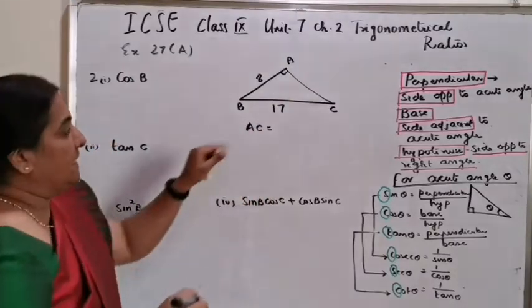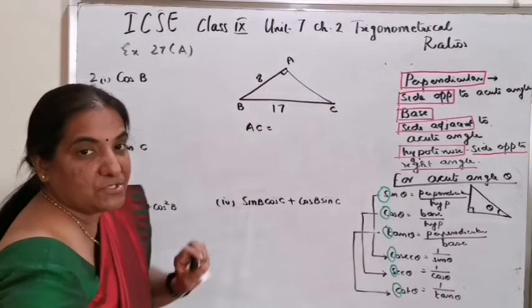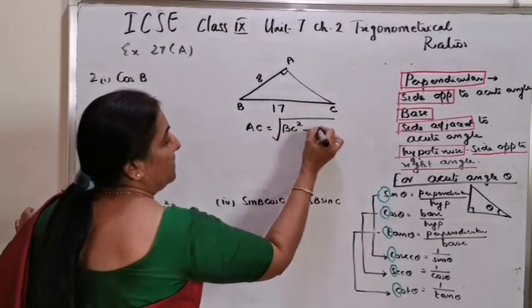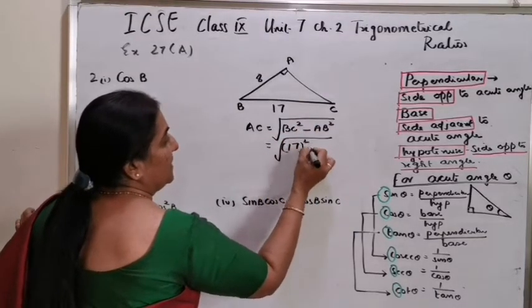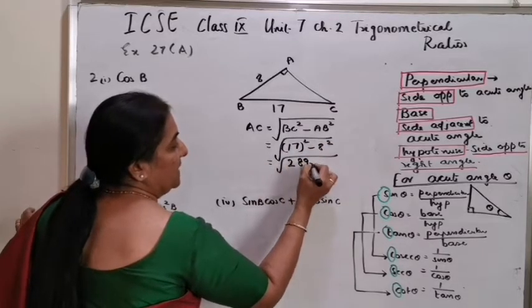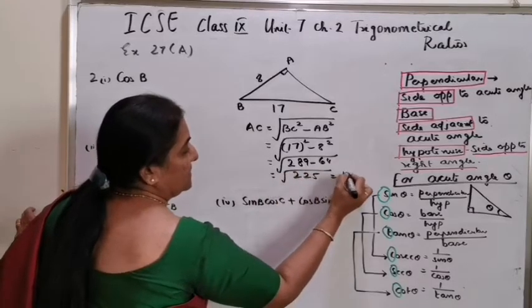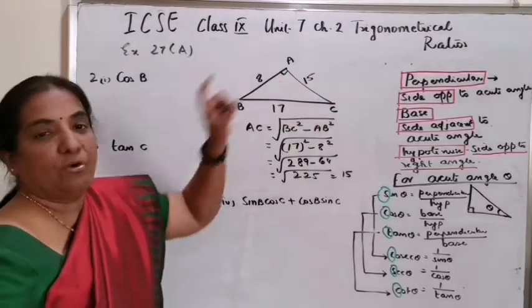By Pythagoras theorem, BC square is equal to AB square plus AC square, or AC is the square root of BC square minus AB square. 17 square minus 8 square. 17 square is 289 minus 64, 225, which is equal to 15 units. So you get the length of AC.